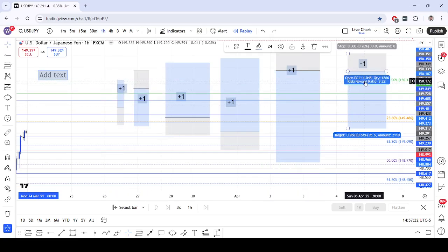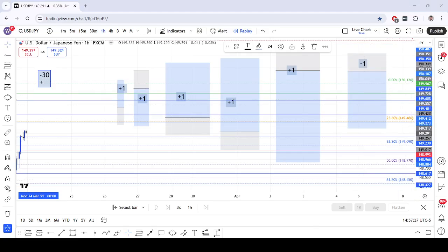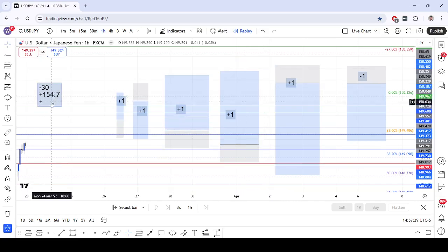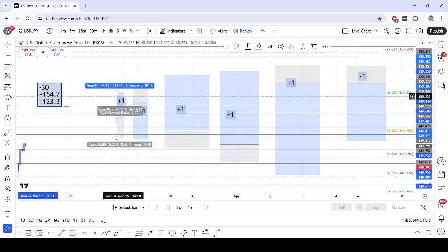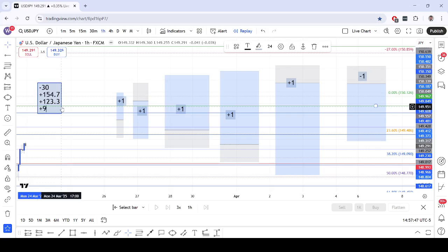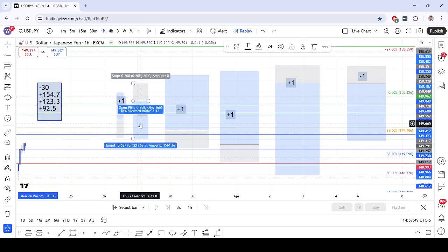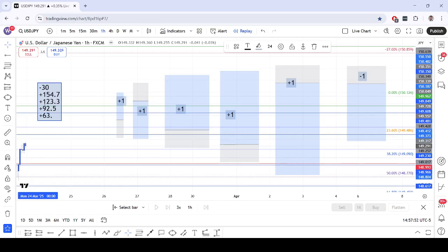This should have been the first one we lost, which was negative 30, plus 154.7, plus 123.3 plus 92.5 plus 63.7 plus 45.9.